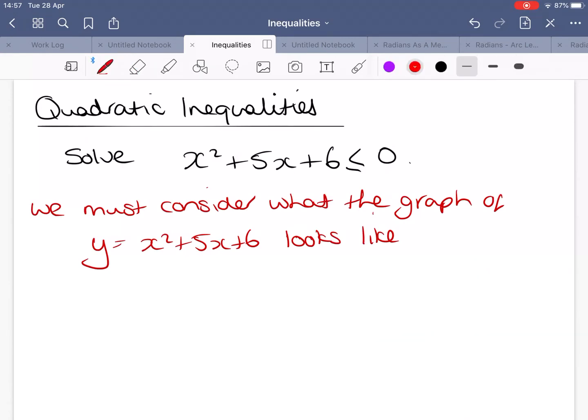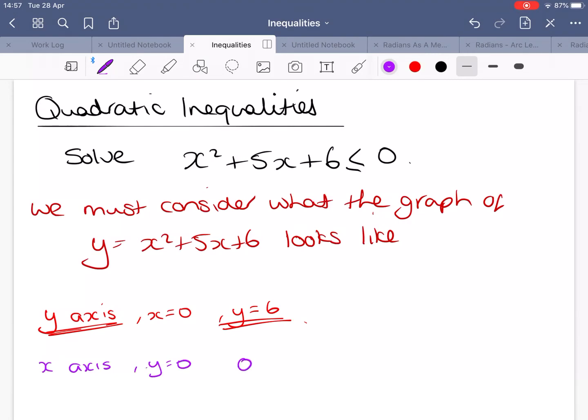So straight away, we know it crosses the y-axis when x equals 0. And so that is when y equals 6. So that's where it crosses the y-axis. For our x-axis, we know it crosses the x-axis when y equals 0. So it crosses the x-axis when x squared plus 5x plus 6 equals 0.